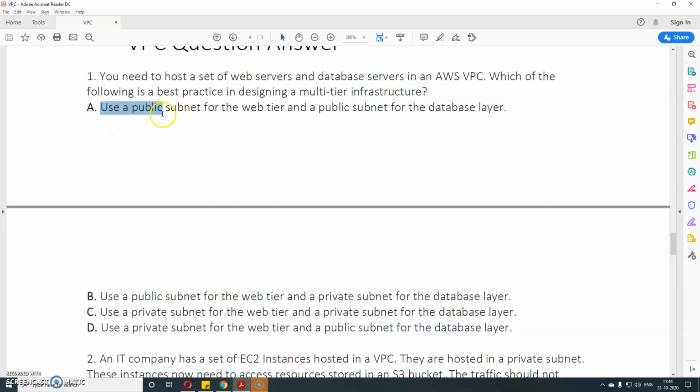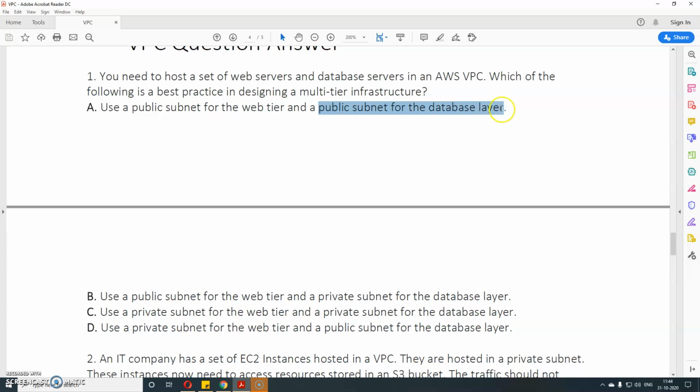Use the public subnet for the web tier and the public subnet for the database layer, which is not correct, because if you are deploying a database server in the public subnet, people can hack your database, and they will destroy everything, so your data will be lost.